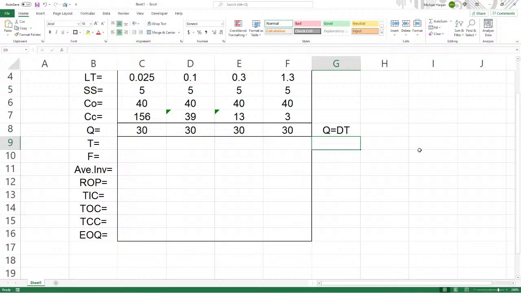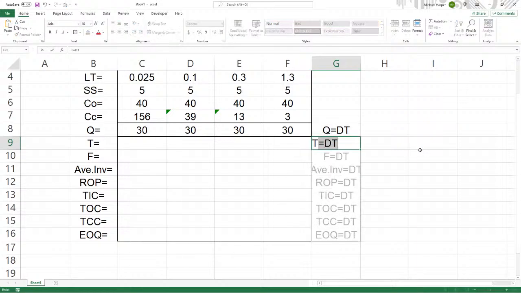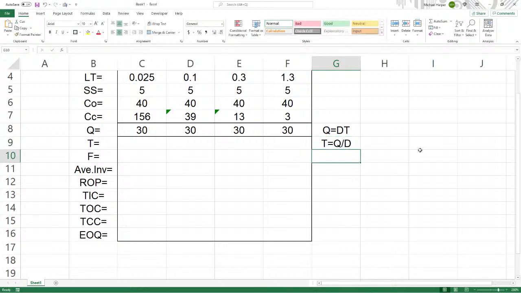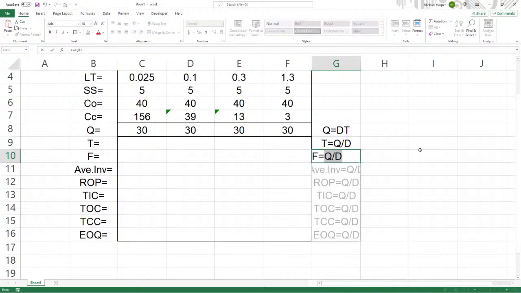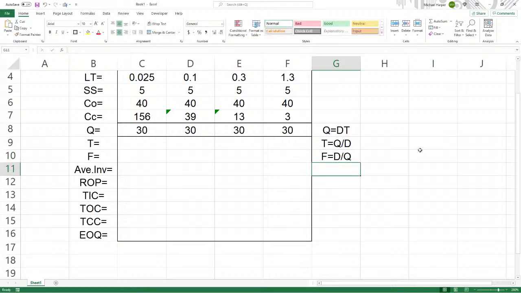Okay. So therefore, T is going to equal Q over D. Right? And then remember, F then is going to equal D over Q, just the reciprocal of that.